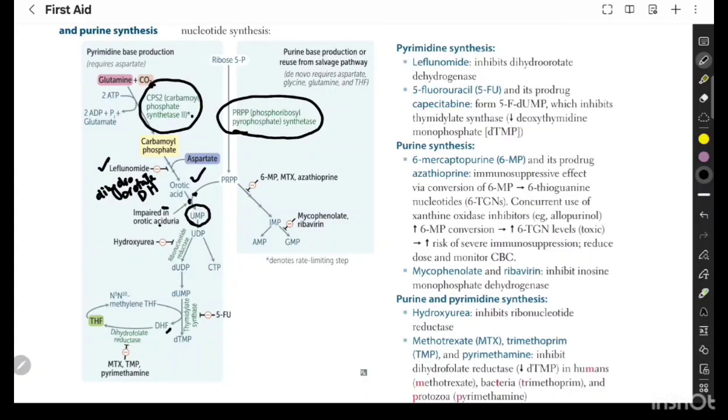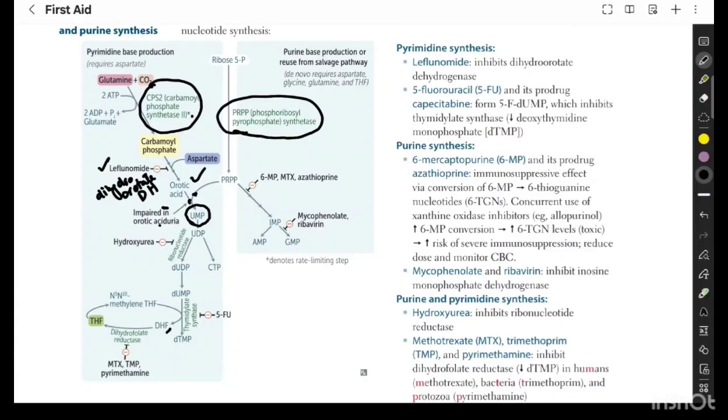So repeat with me. Okay, I started with pyrimidine synthesis. I do not need to remember the entire pathway. What I need to remember is that the rate limiting enzyme of the pathway was carbamyl phosphate synthetase 2. Okay, I remember that now.